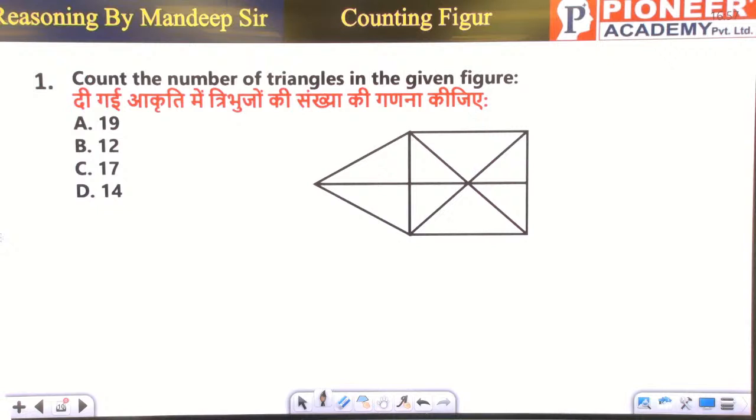Please come, sit in the first row. What happened? What is the answer? You have to count the triangles. Let's try. 14?